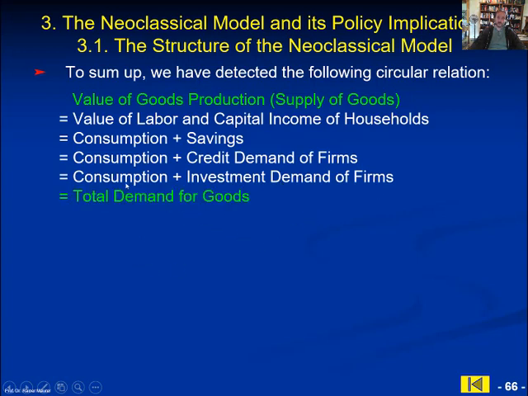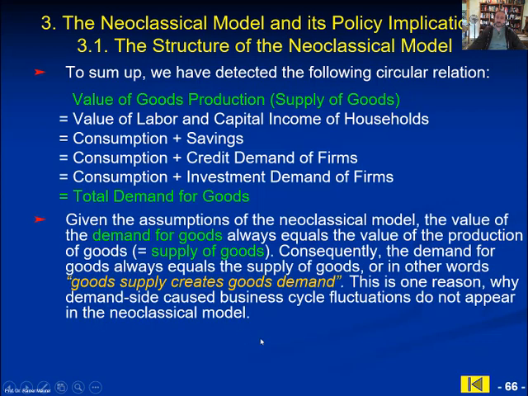So, consumption demand by households plus investment goods demand by firms is equal to the total demand for goods. Now if we take a look back to the first position of this equation, we find that the supply of goods is equal to the demand for goods. So we have now, in a sense, mathematically proven Say's theorem.